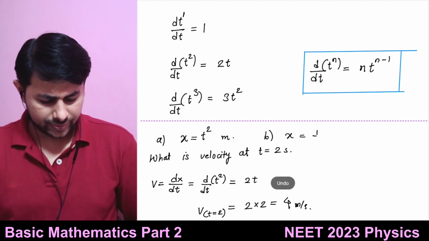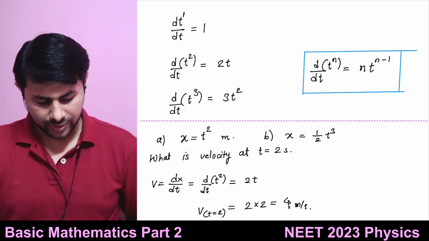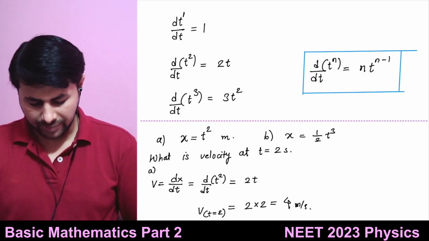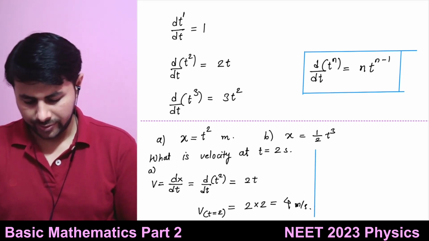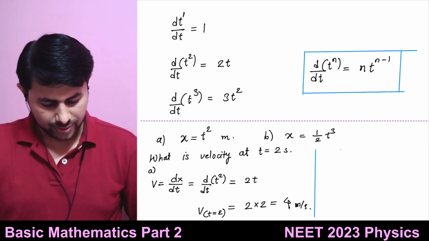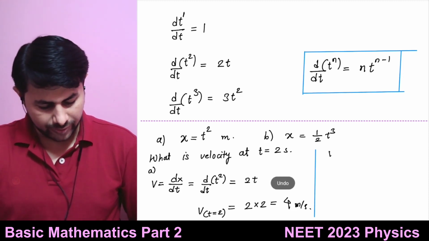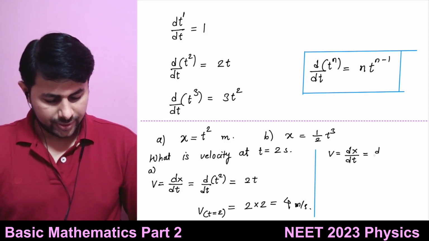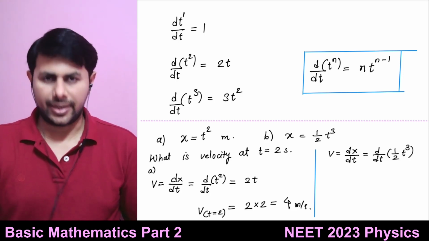What is the velocity at t equals 2 seconds? For A we did this. For B, what should we do? Same thing once again. It is the derivative of position with respect to time. v equals dx by dt, and x is half of t cube.